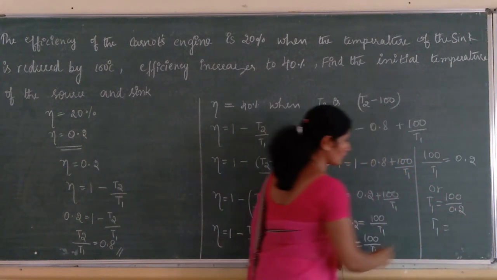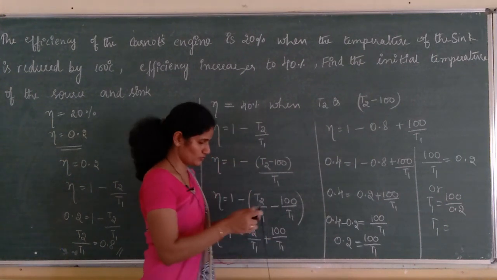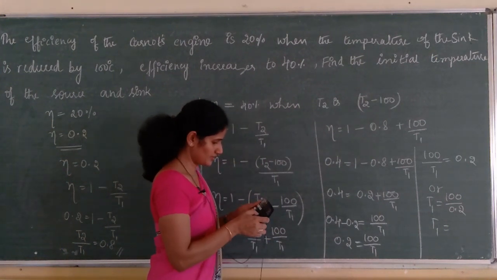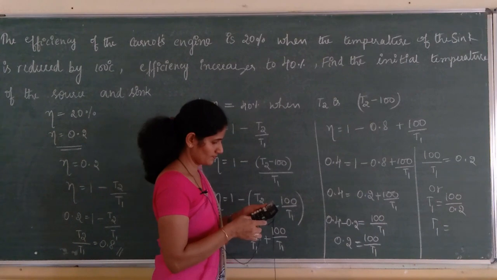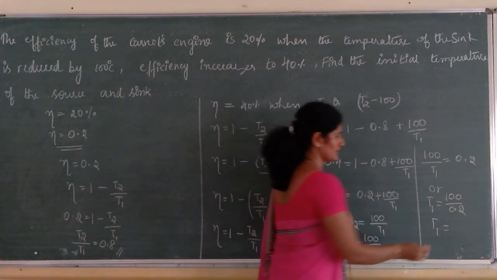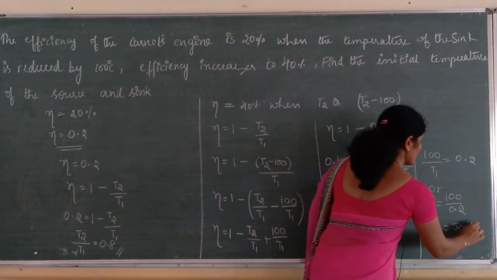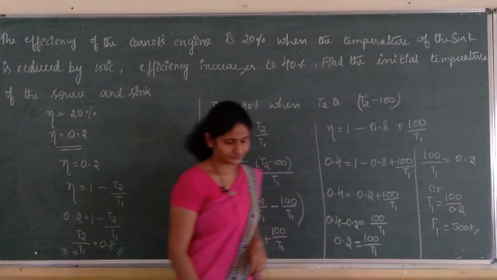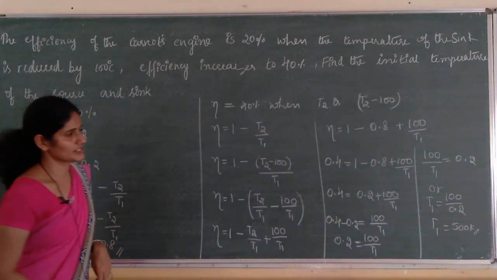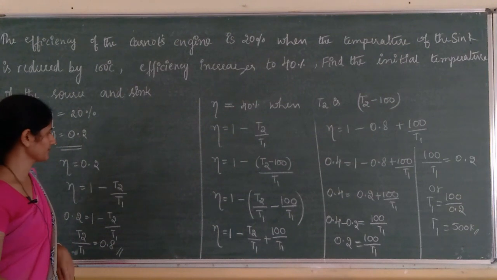So T1 is equal to 100 by 0.2, 100 divided by 0.2, 500. Temperature of the source is 500 Kelvin. Temperature of the source is 500 Kelvin.